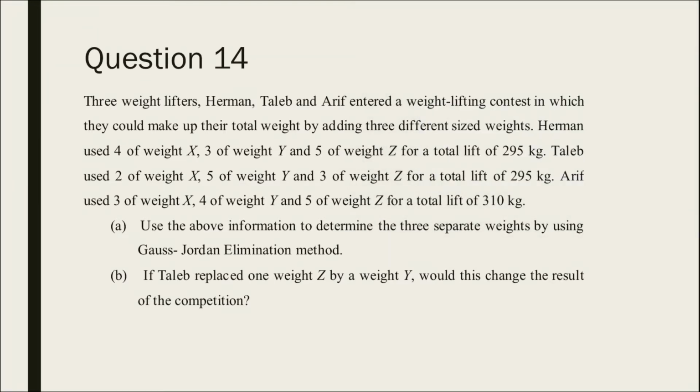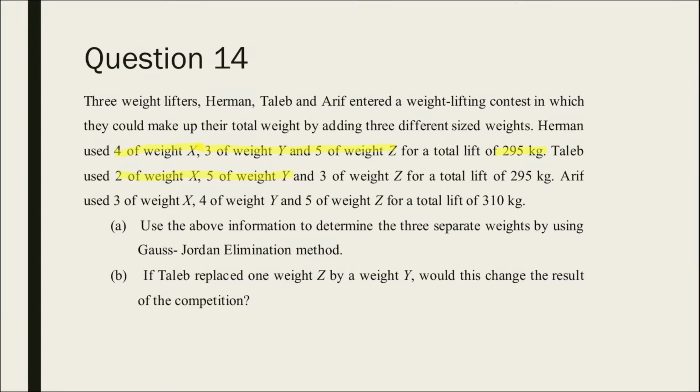For question 14, 3 weightlifters, Herman, Talib and Arif entered a weightlifting contest in which they could make up their total weight by adding 3 different sides. Herman used 4 of weight X, 3 of weight Y and 5 of weight Z with total 295.